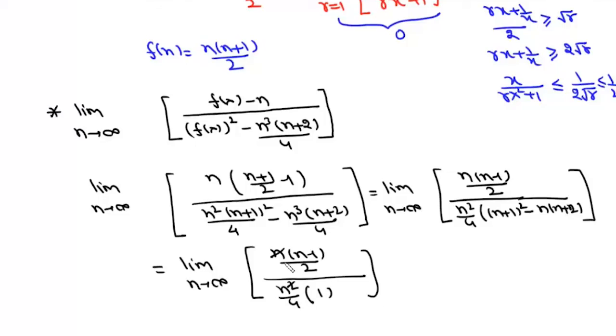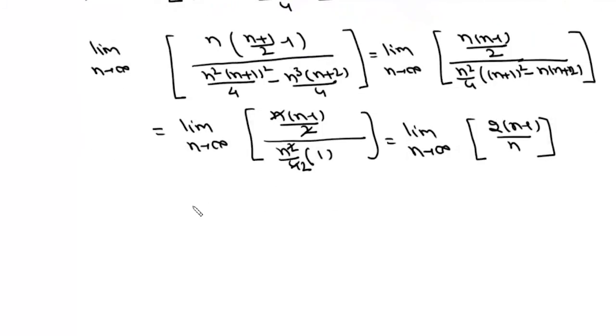Now this n and n will cancel, this 2 and 4 will cancel twice, so we can write this as limit n tends to infinity of (2n minus 1) upon n. Now this is limit n tends to infinity, and this is 2 minus 2 by n.